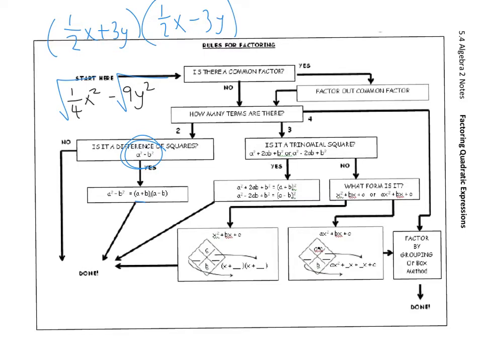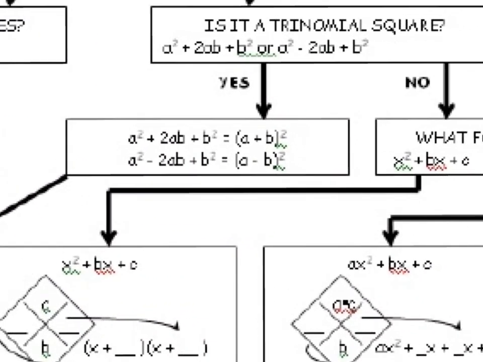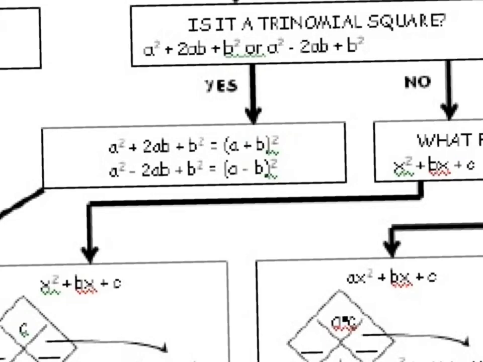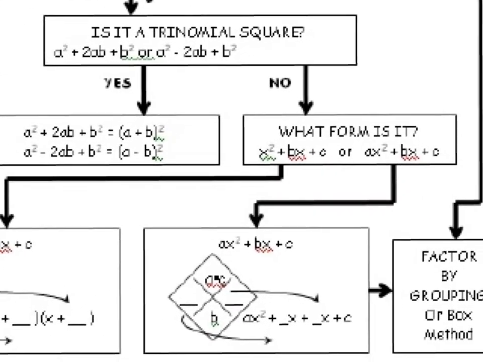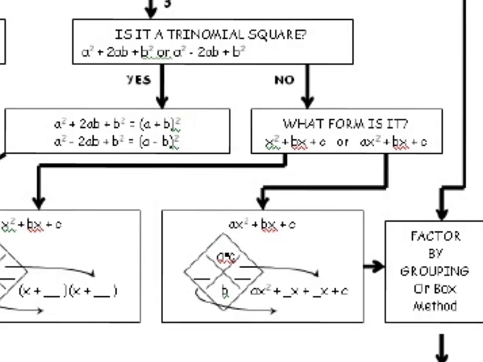And is it a trinomial? Does it have 3 terms? So if it has 3 terms, check to see if it's a perfect square. This is the formula for a perfect square right here, and we're going to do that on the next page. And if it's not a perfect square, can you figure out if there are factors?